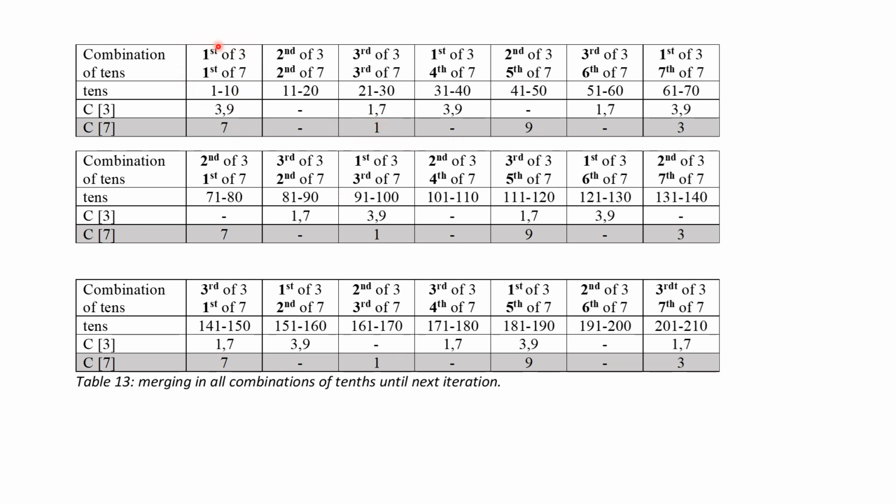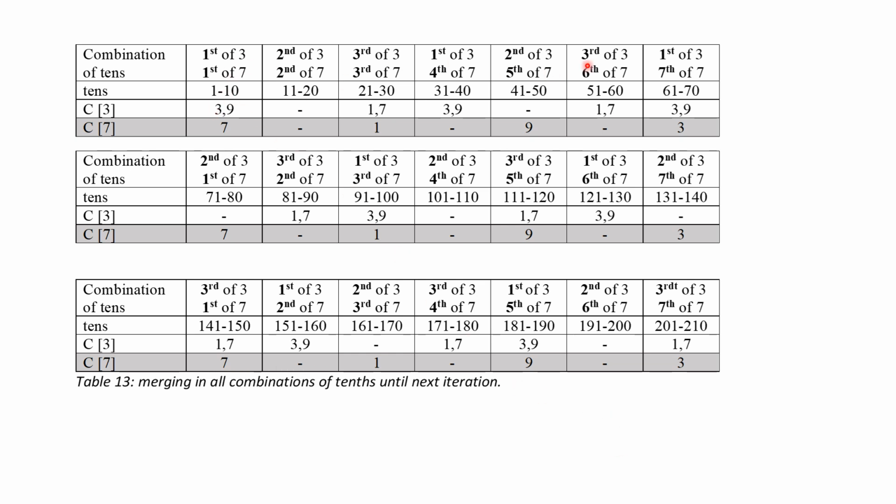We don't want to have again a first 10 of 3 with the first 10 of 7. It's going to be only here. It doesn't repeat anywhere else. For example, this one is the first of 3 with the seventh 10 of the cycle of 7, and it's going to be here only, and they're not going to repeat during the whole cycle until the next iteration comes.